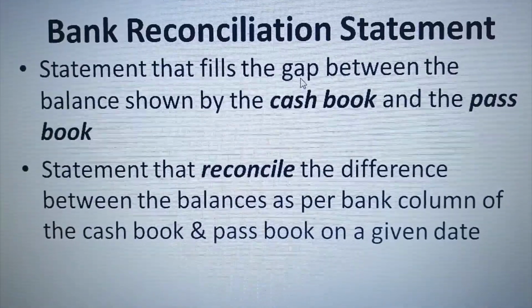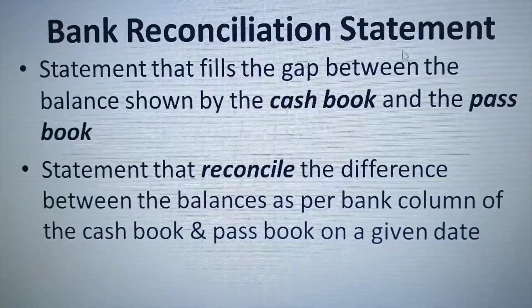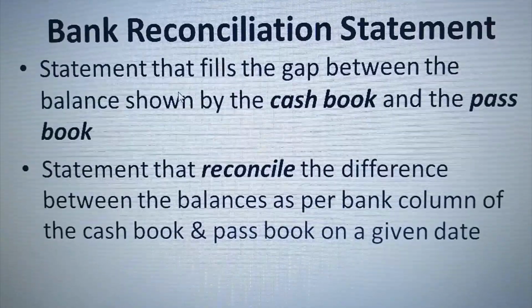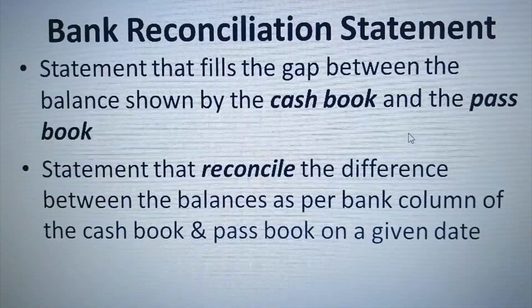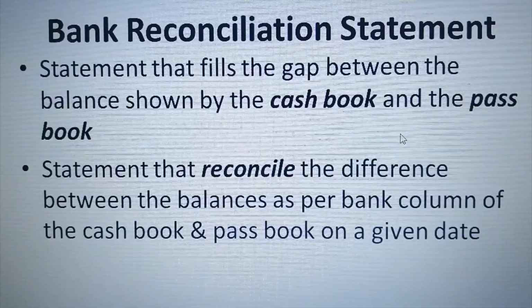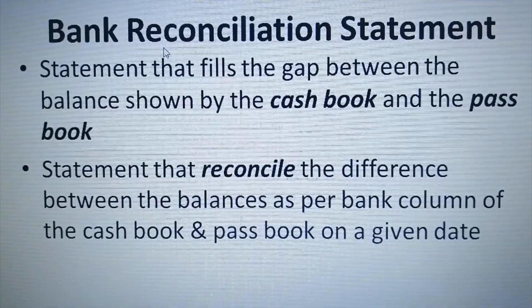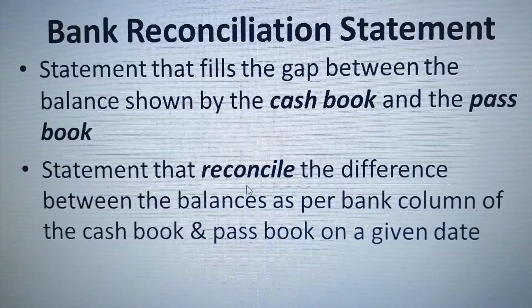Now we move on to the topic bank reconciliation statement. Simply we can say it as BRS. It's a statement that fills the gap between the balance shown by the cash book and the passbook. Let me explain it elaborately. The name itself says reconciliation of statement. What does it mean?